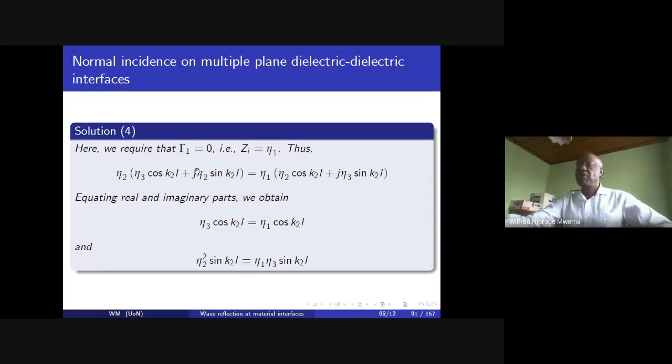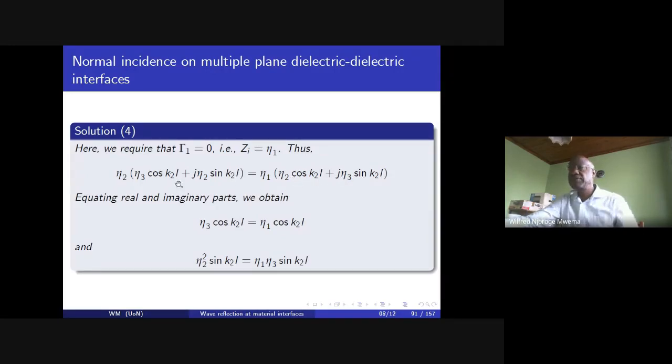And therefore, all we need to write is that when we get the expression for gamma 1, or gamma at minus L, in terms of Zi represented by its value using medium 2 and 3 intrinsic impedances, characteristic impedance, and the propagation constants, we should get an equation where we have a real part and an imaginary part.